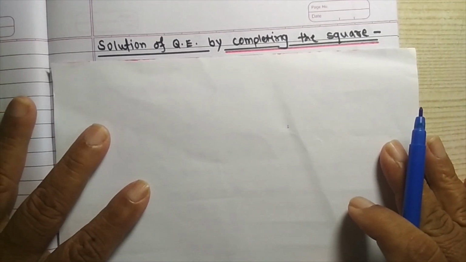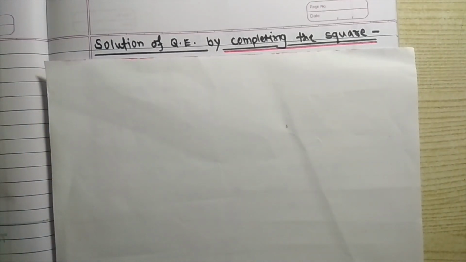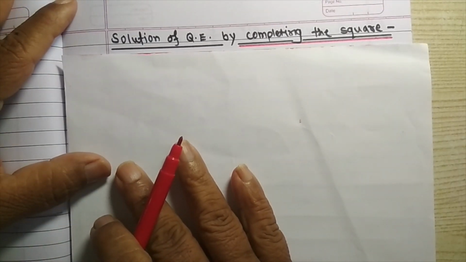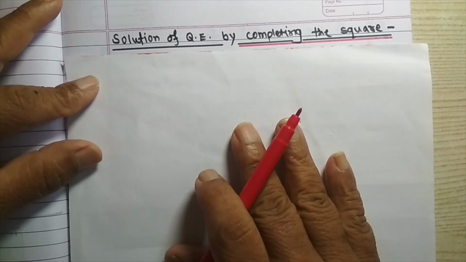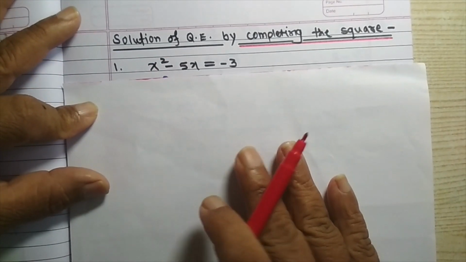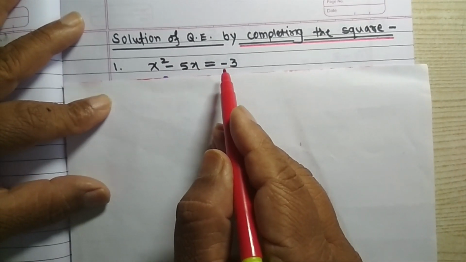See here, solution of quadratic equation by completing the square. Means we have to make the left side a complete square. We have to see two types of examples in this case also. See here, x square minus 5x minus 3 is equal to 0.